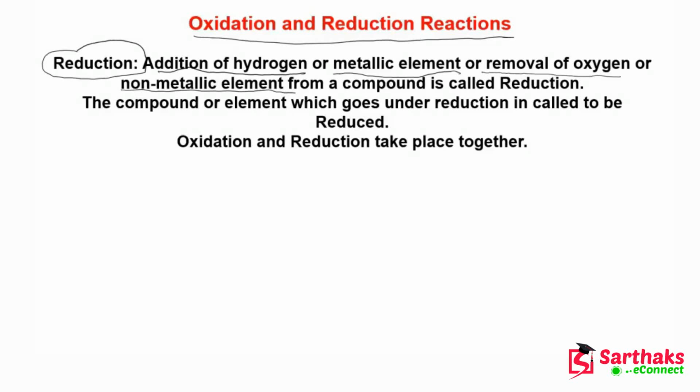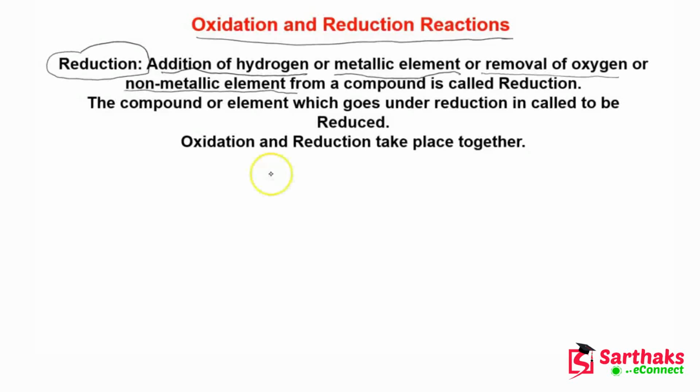Okay, now, guys, let's talk about examples of reduction reactions. So, guys, what is the example in this case? Let's take the example of potassium chlorate. So what is potassium chlorate? KClO3. This is potassium chlorate.